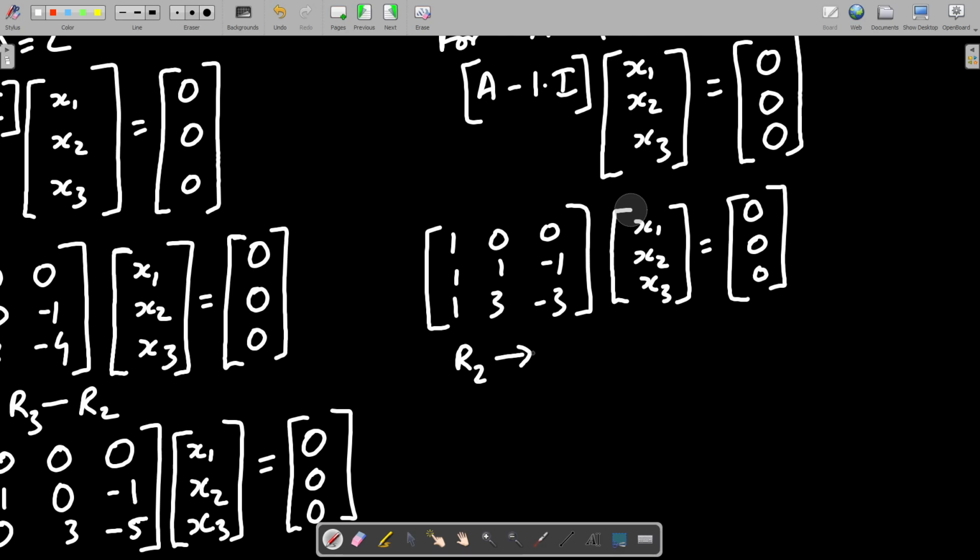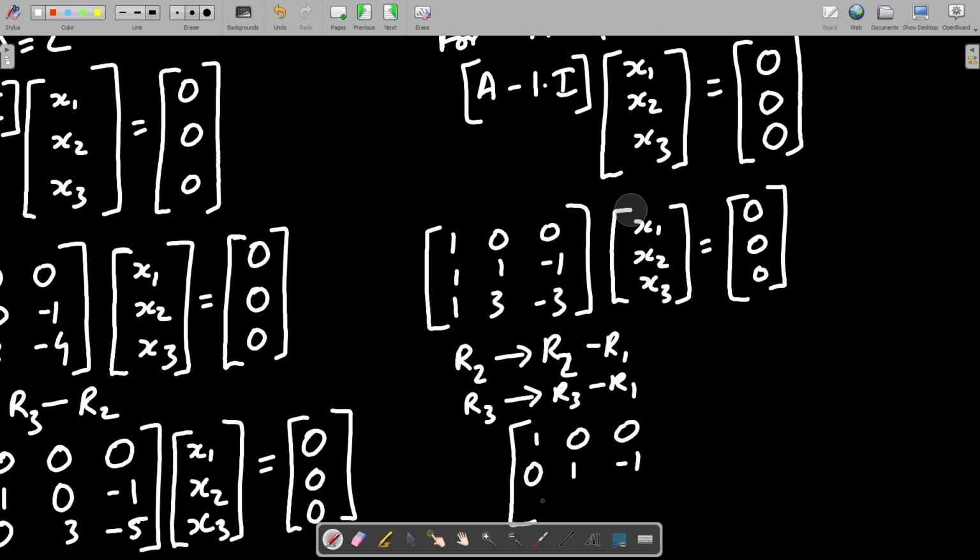So change R2 to R2 minus R1. R3 also changes to R3 minus R1. Okay, so that will reduce the matrix to 1, 0, 0, 0, 1, minus 1 and 0, 3, minus 3.